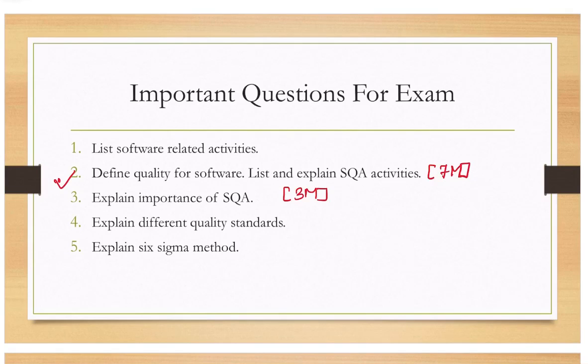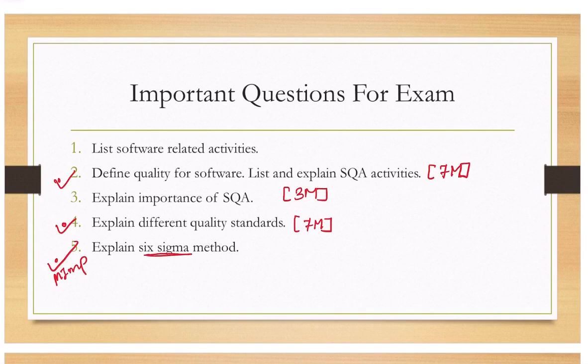And fourth question is explain different quality standards. It will be asked in 7 marks, and we have to write 2 quality standards, that is ISO 9000 and ISO 9001 to 2000, right? And the most important question from this unit, that is explain Six Sigma.